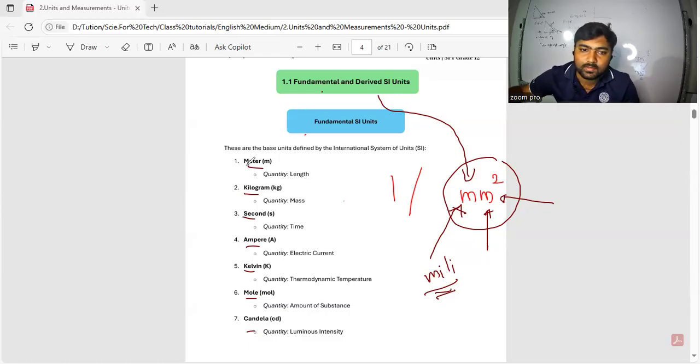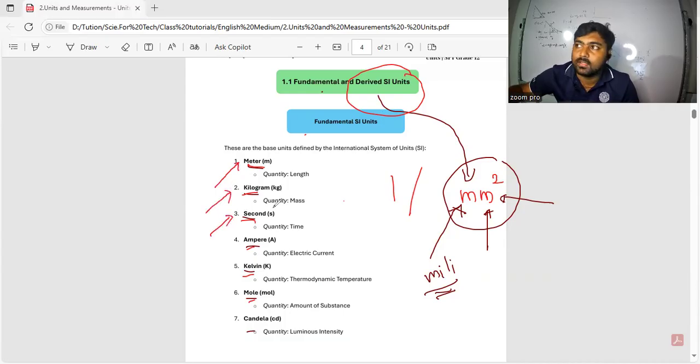I can tell like this. If there is any unit except these 7, that is grouped under derived SI unit. But that unit should be originated from these 7 SI units.